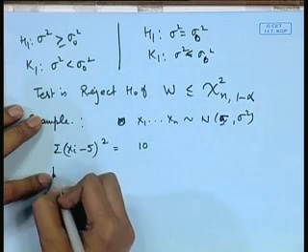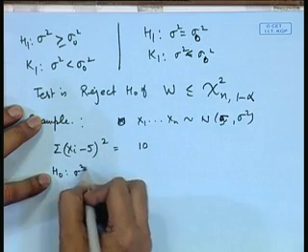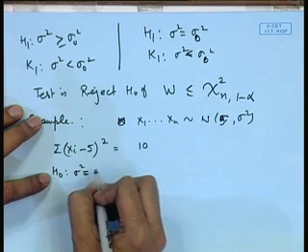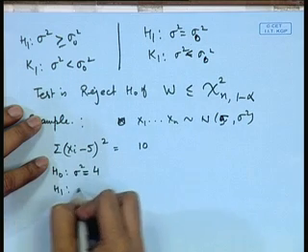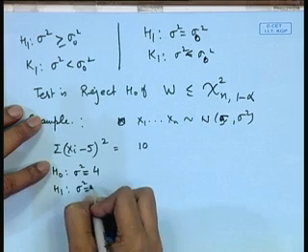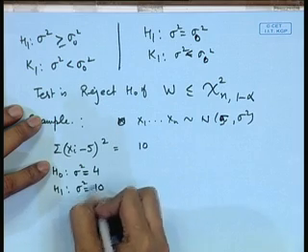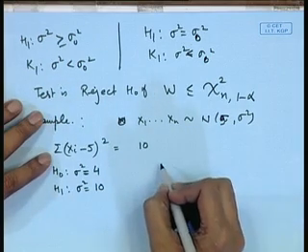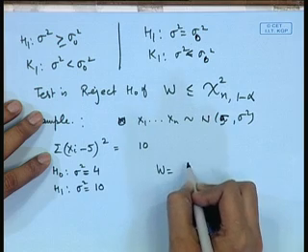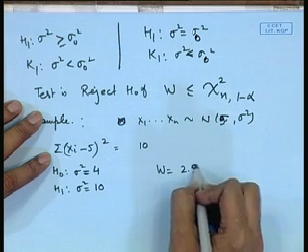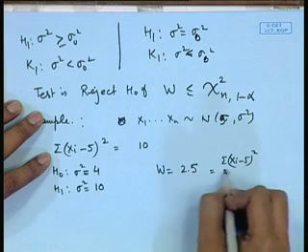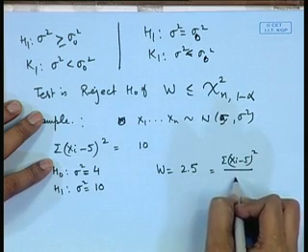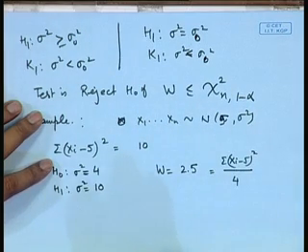We are testing the hypothesis H naught: sigma square is equal to, say, 4 against H1: sigma square is equal to, maybe, 10. If we look at the value W, that value will become equal to 2.5, that is, sum of (xi minus 5) square by sigma naught square, that is 4, which is equal to 2.5.